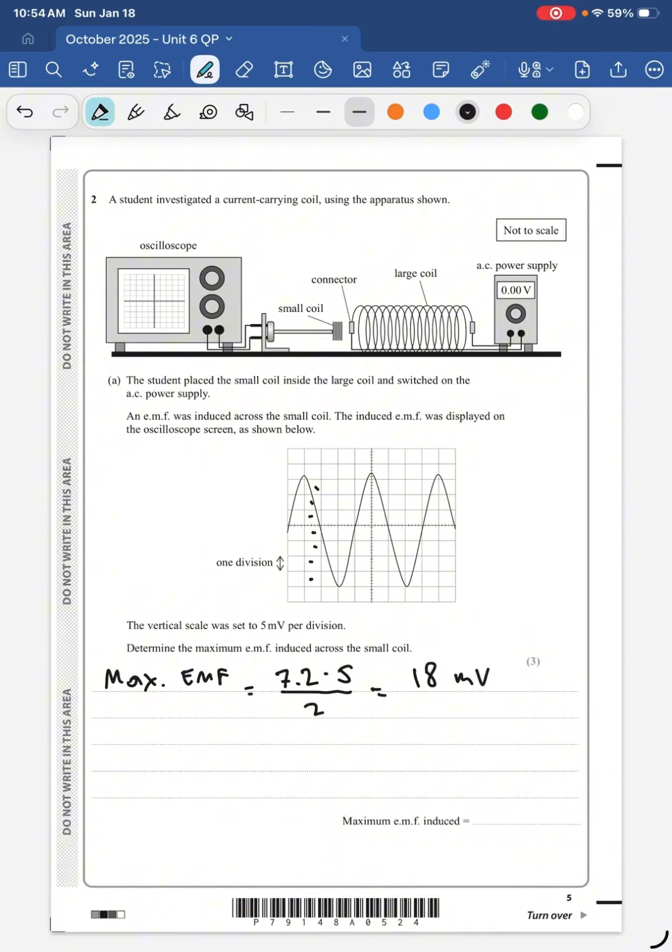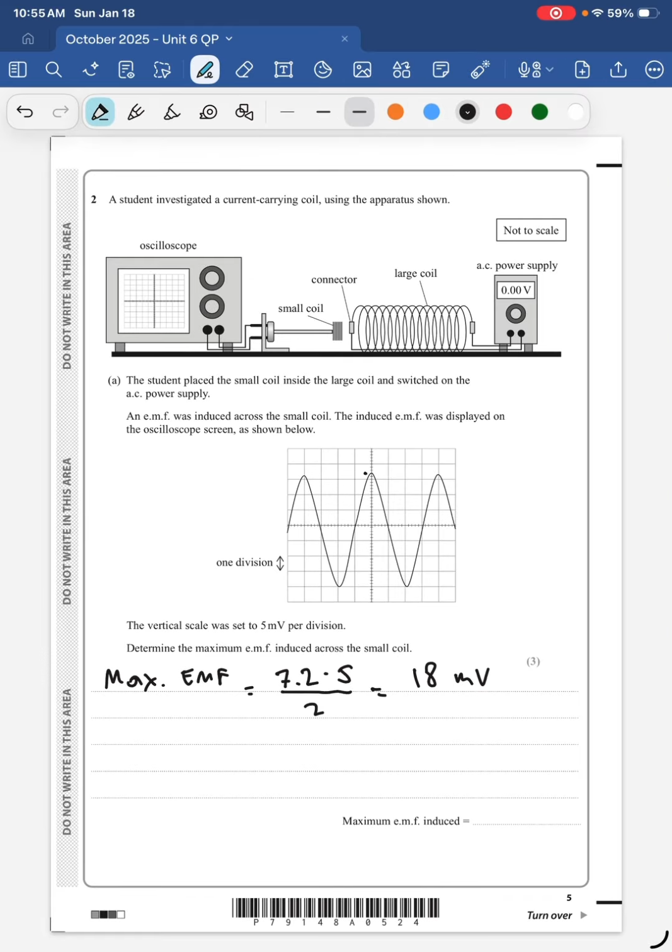Why though? Okay, let's count again. 1, 2, 3, 4, 5, 6, 7. Oh, okay, I forgot to check this. So yeah, it's 7.4 actually. Now I see it.